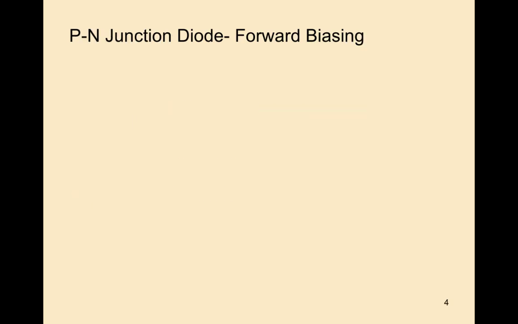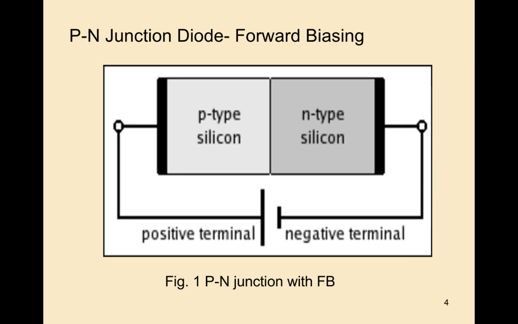So PN junction diode forward biasing. Now we are going to observe how the PN junction is connected in forward biasing condition. This is the connection of the diode in forward bias condition.